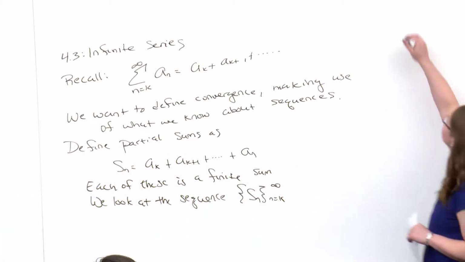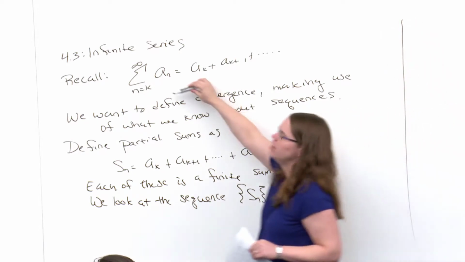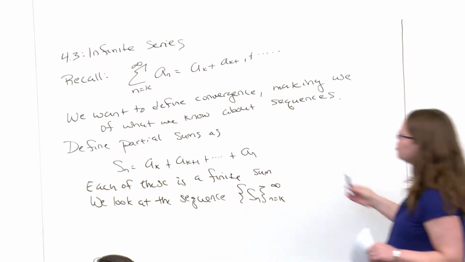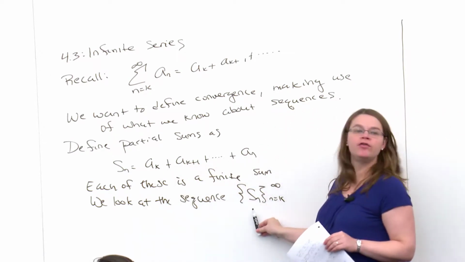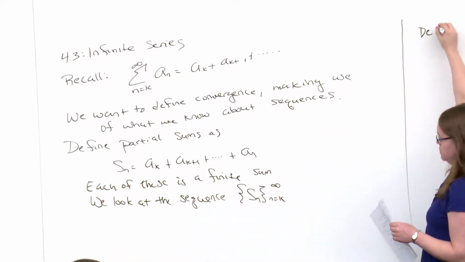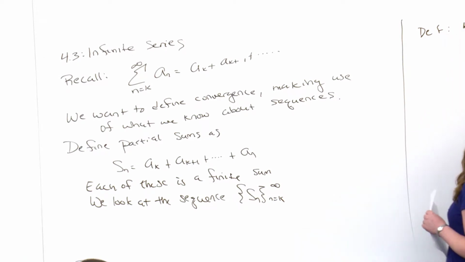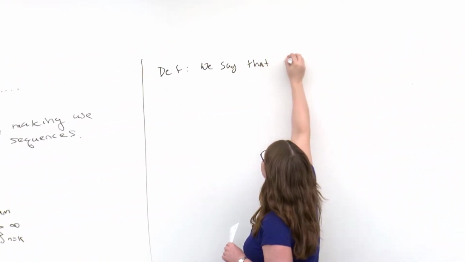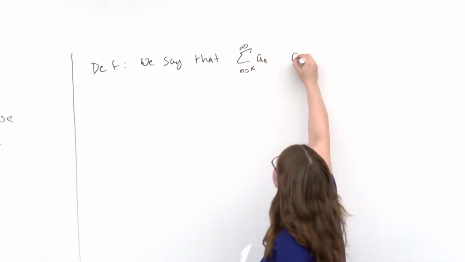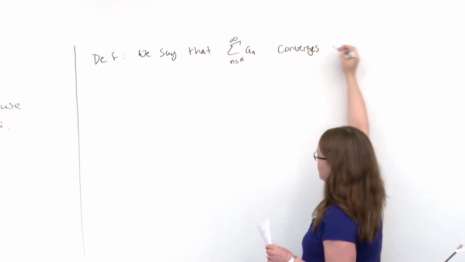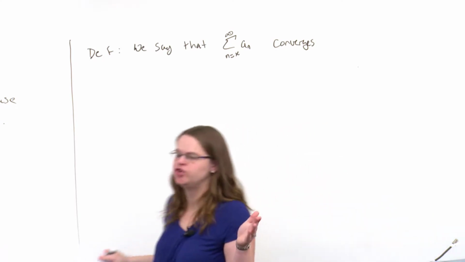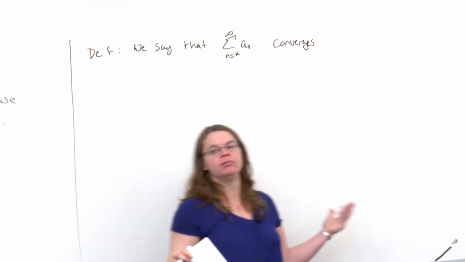So right away, we get a definition of convergence of a series like this. We're going to say this series converges as long as this sequence of partial sums converges. So there's our definition. So we say that this guy converges, okay, and we're going to also give it a value, right? We add up these infinite number of terms, and we want to somehow say this adds up to some number.